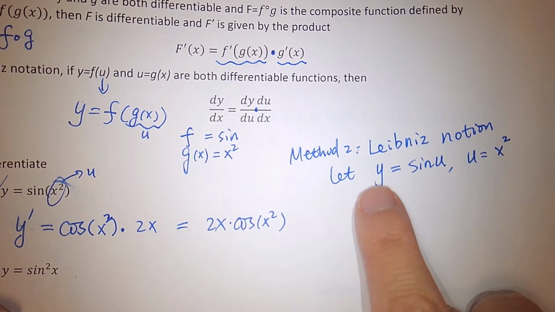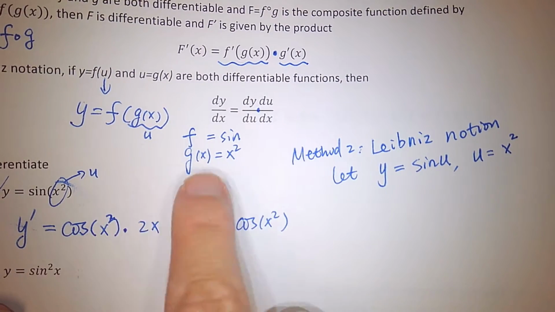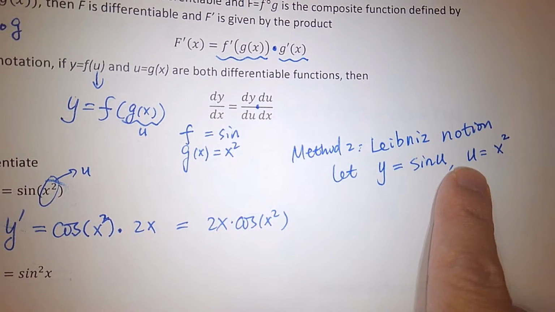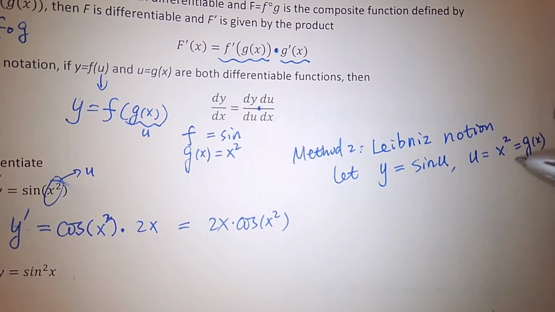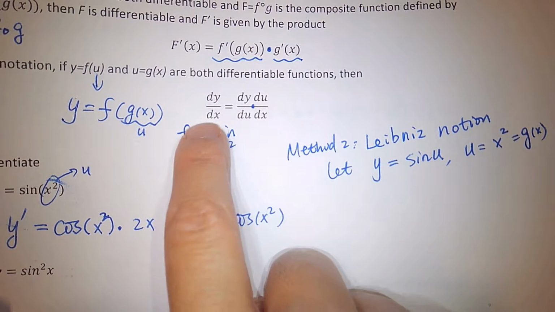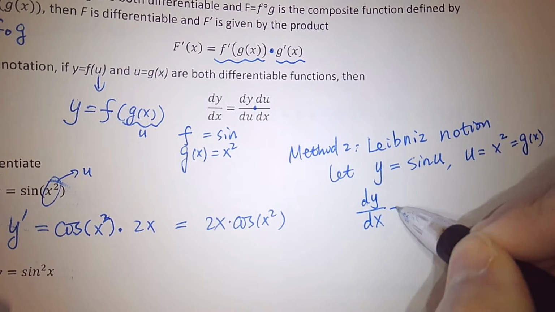This is y equals sin of x squared, the same thing as this. So we just let u equal g of x, which is x squared, and y equals sin of u. Alright, by Leibniz notation, compute dy over dx.